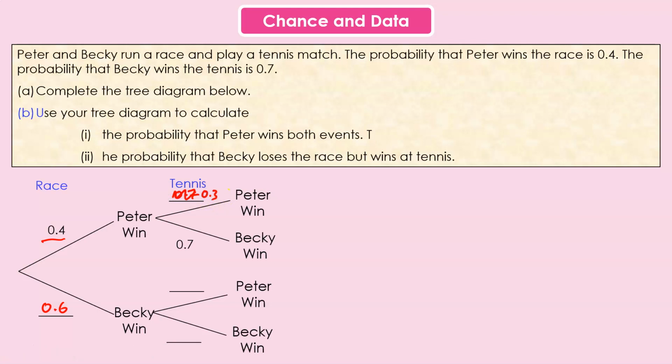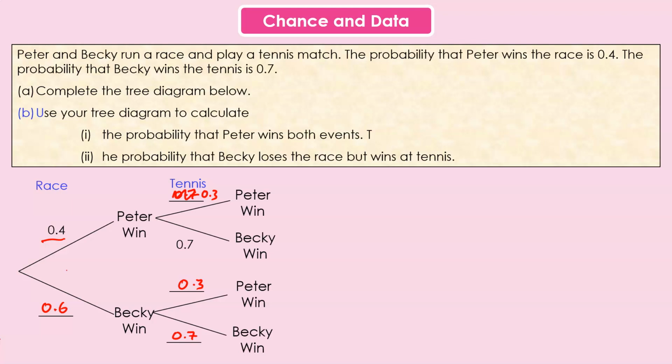And that's because 0.3 and 0.7 add up to 1 because they're the only outcomes. Now looking at the branch at the bottom, it has to be the same as well. So probability of Peter winning 0.3, probability of Becky winning 0.7. So now we've got our probability tree completed.